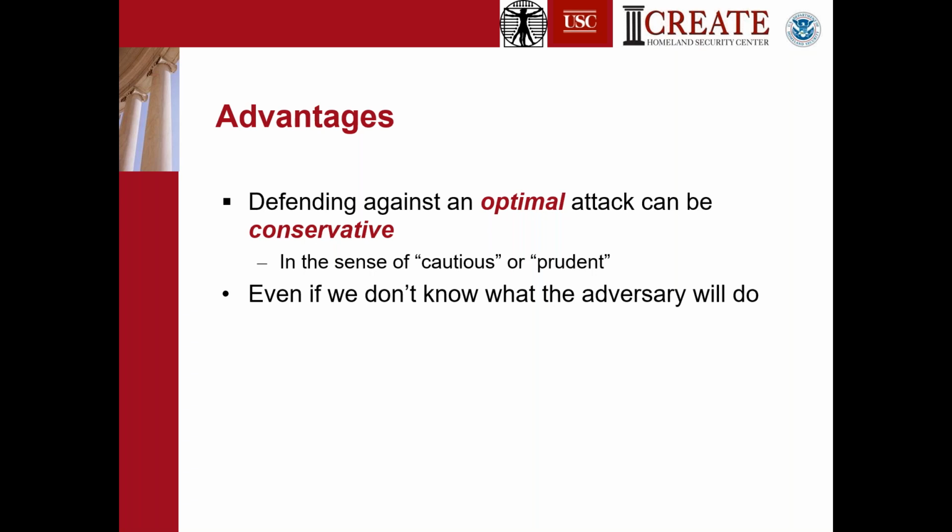So let's say you're Amazon or Barnes and Noble or whoever and trying to protect your computer servers. In deciding which servers to protect, it makes sense to think about, okay, which ones would be the most damaging if they were compromised? Maybe that's the servers that house the customer credit card information.